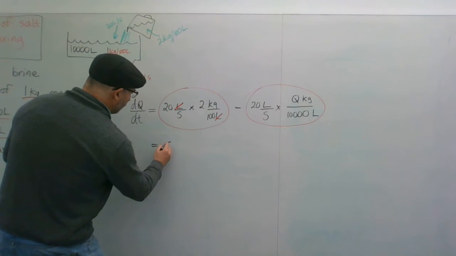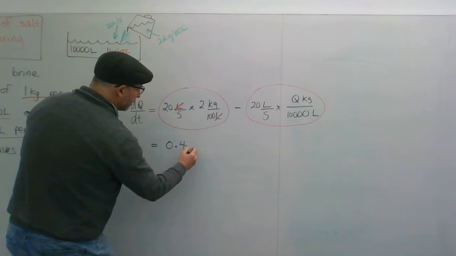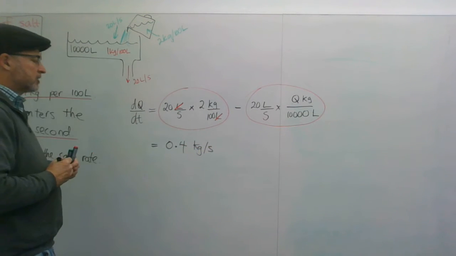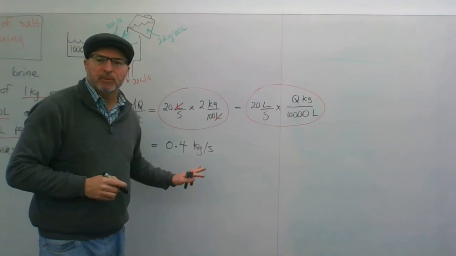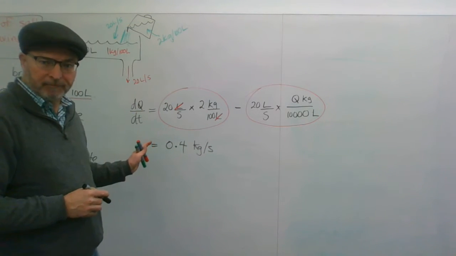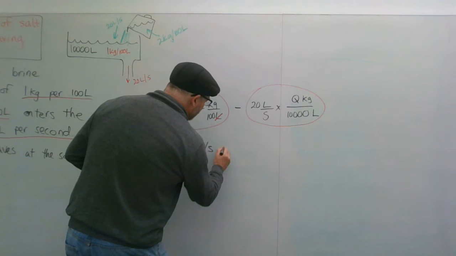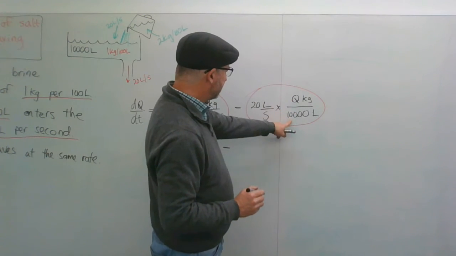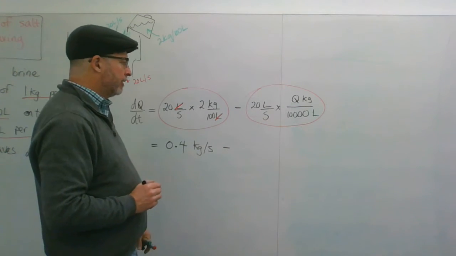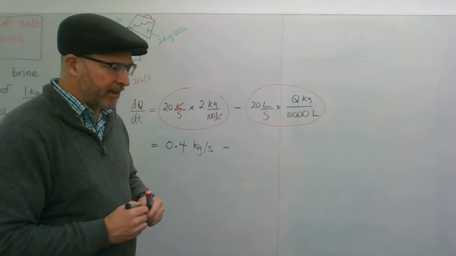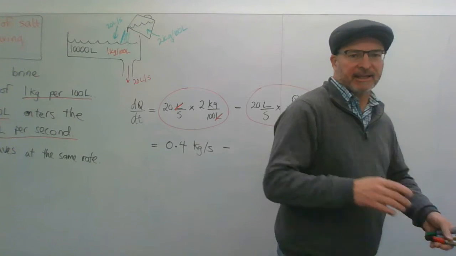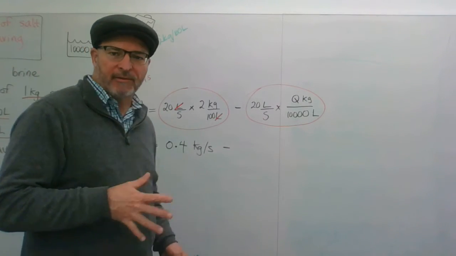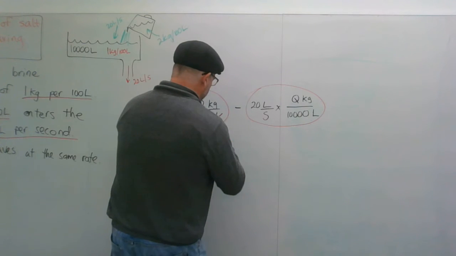I've got 0.4, and kilograms is on top, and seconds is on the bottom. So 0.4 kilograms per second is entering, and then leaving, this says 20Q on 10,000. So that's 2Q on 1,000. That's 1Q on 500. Right? It's Q on 500.